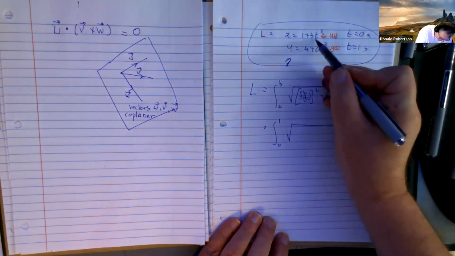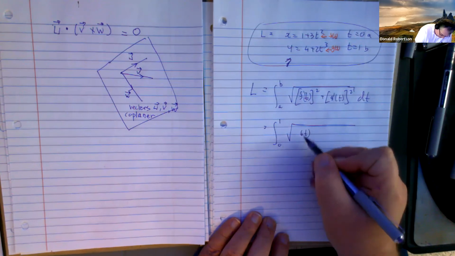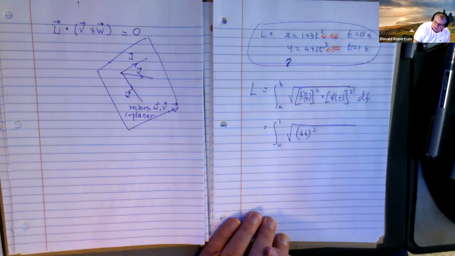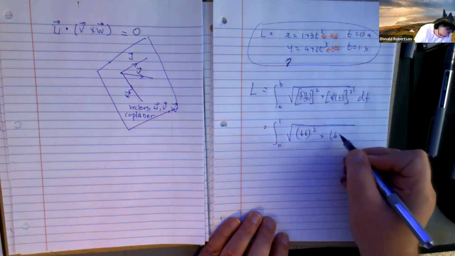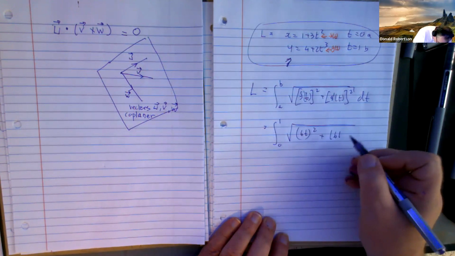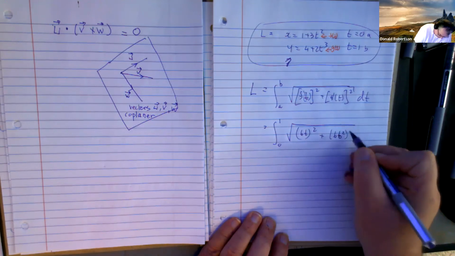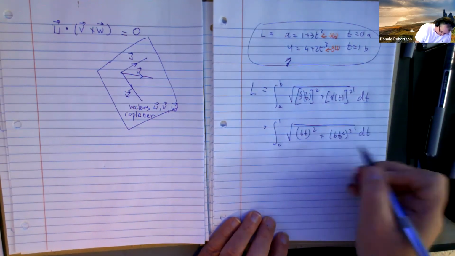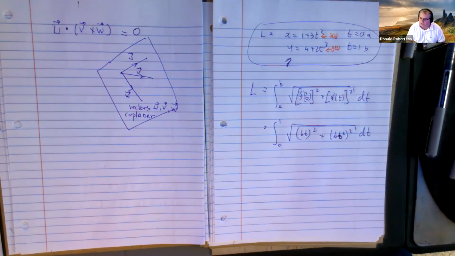I differentiate that guy, which I believe is 6t, and square it, because that's what the formula tells me to do. I take this guy, which I think is 6t squared, and then I square it, dt. I'm assuming you got to something that looked like that, John. Is that right?